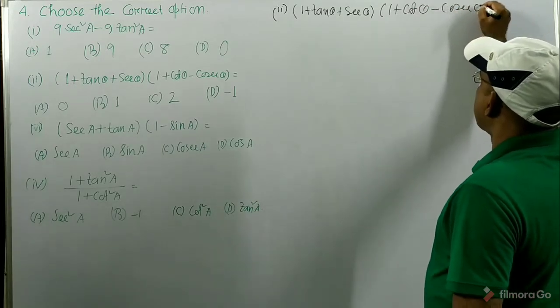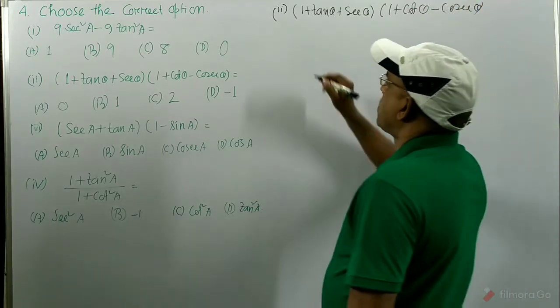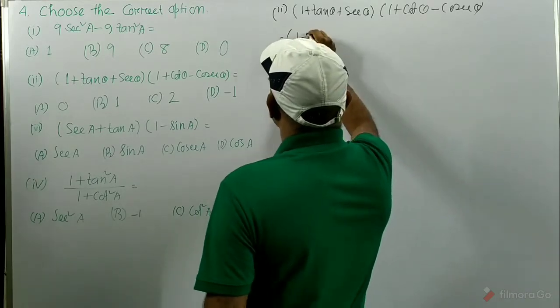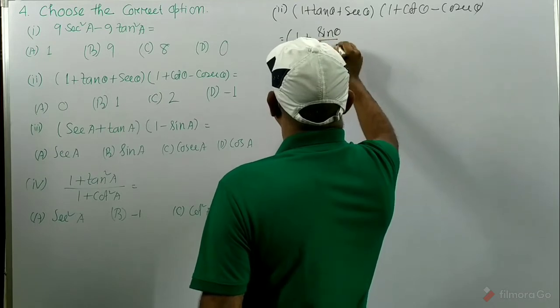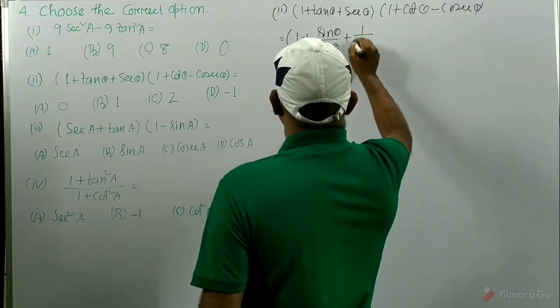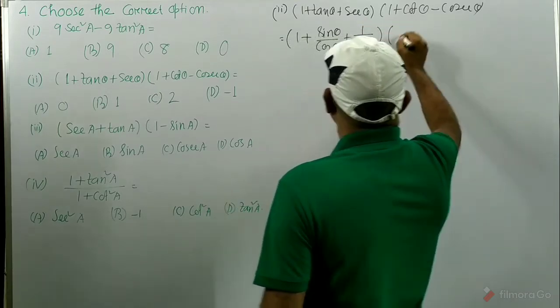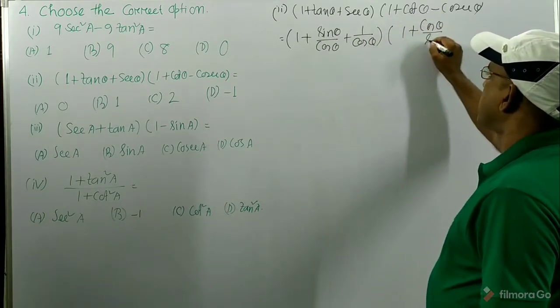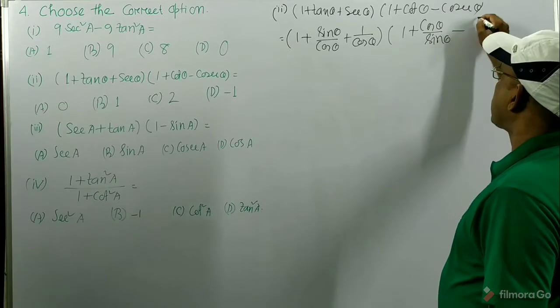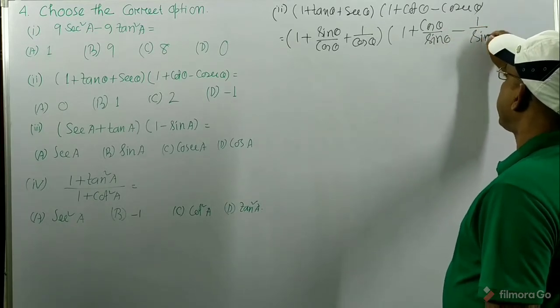So tan means sin theta by cos theta, sec theta means 1 by cos theta, cot theta means cos theta by sin theta, and cosec theta means 1 by sin theta.